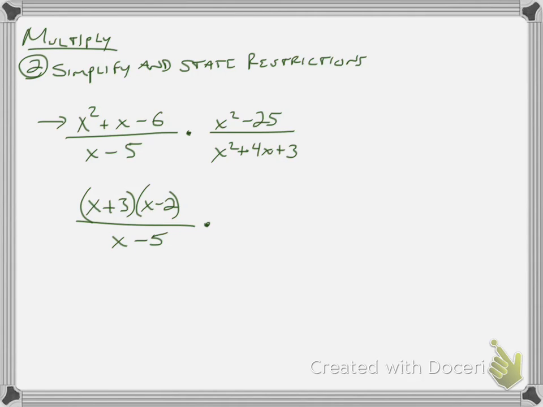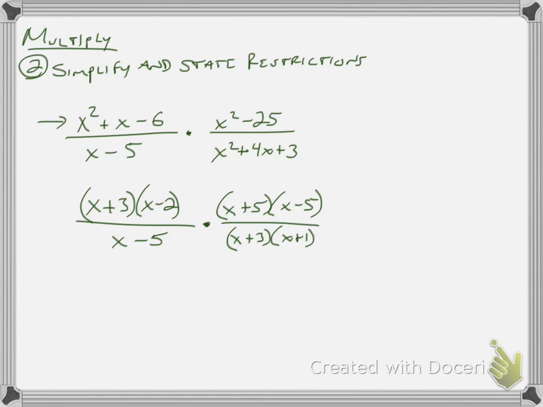What factors in the second one? Remember, this is a difference of squares, x plus 5 times x minus 5. Be familiar with those. And the last one is going to be x plus 3 times x plus 1. Once you have them factored, you can start canceling things out.